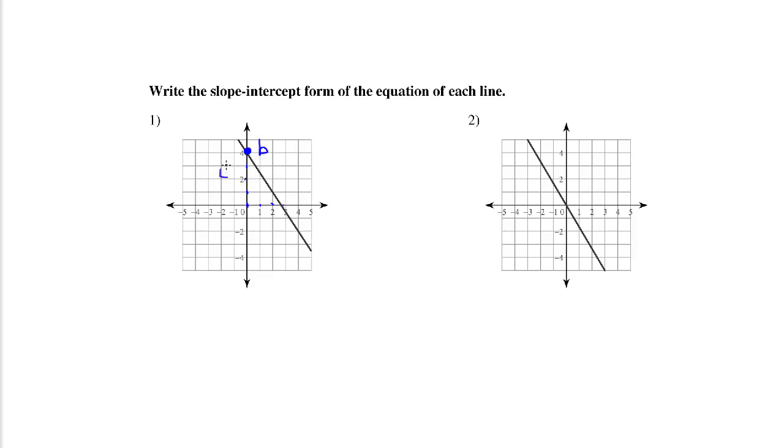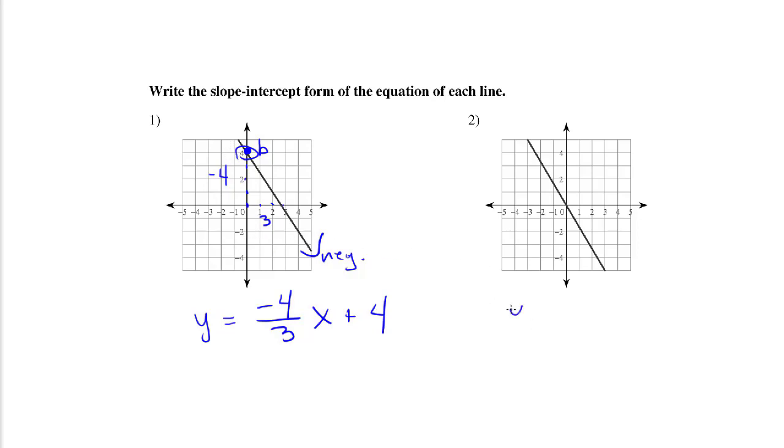So that's a change in 4 on the y and a change in 3 on the x. There's actually -4 on the y because we're going down to the right. So that's going to be a negative slope. Okay, so my slope is minus 4/3. y equals minus 4/3 x plus my b value, which is 4, plus 4. That is the equation of this line shown in the graph in y equals mx plus b format.